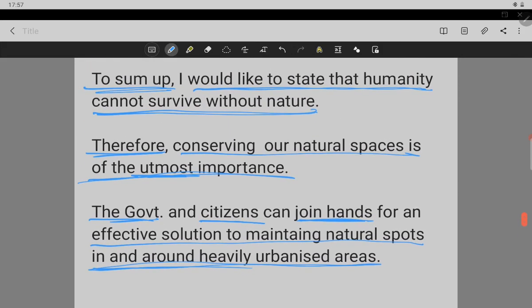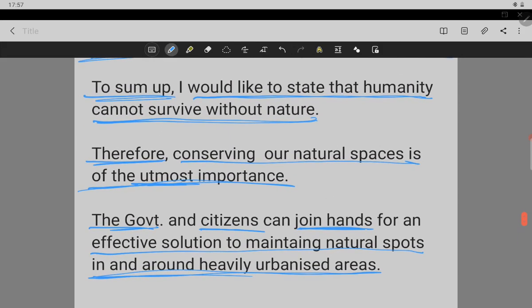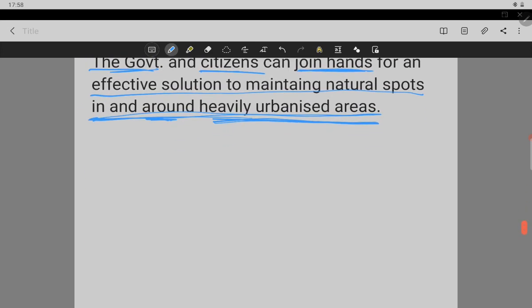So this is the gist, the main thing of our whole essay: that humanity cannot survive without nature, conserving natural spaces is of the highest importance, and the government and citizens will join hands for an effective solution to conserving natural spots in and around heavily urbanized areas.